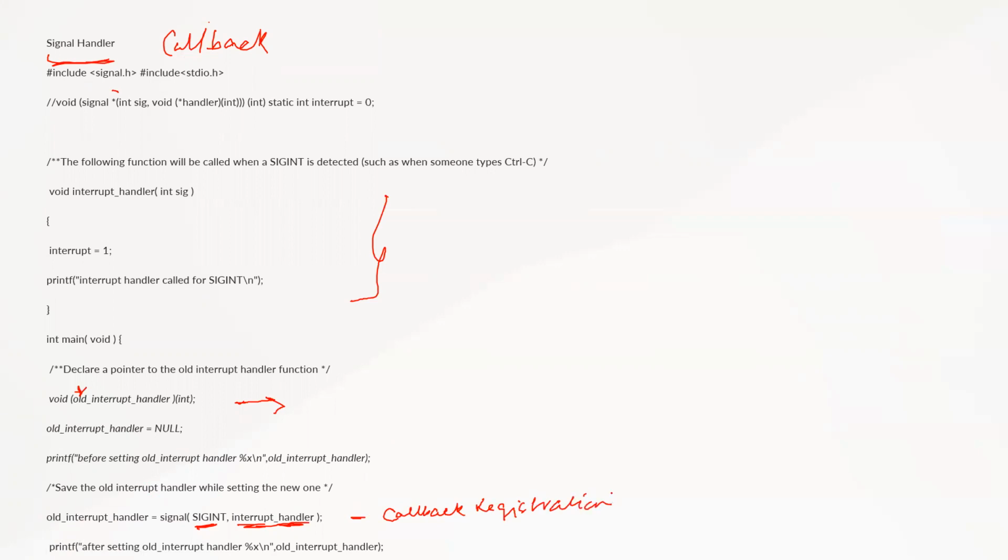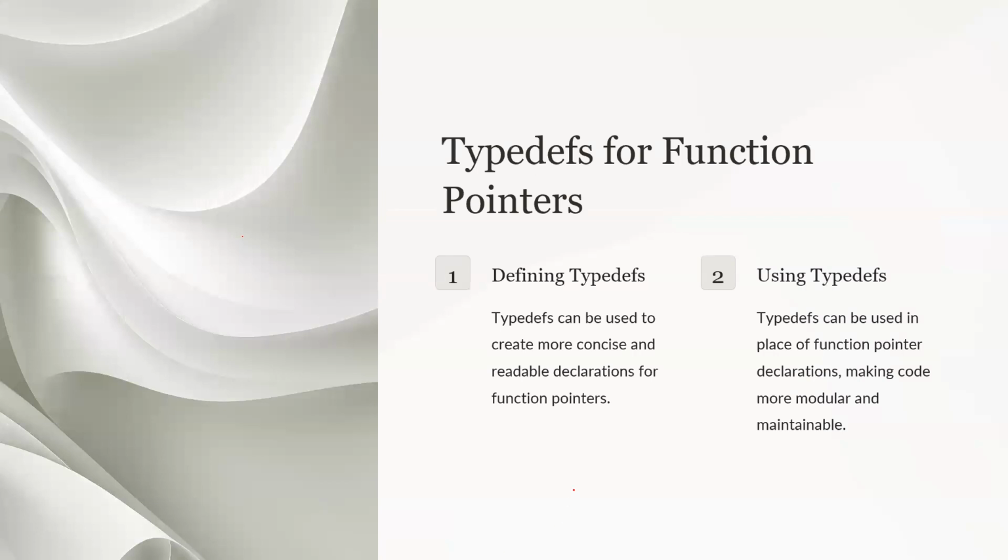Now let's move to another slide. So like in the previous example, I have shown you how typedef can be used to enhance the readability of our function pointer declaration. Like if we want to declare, suppose this is a function pointer for adding two integers.